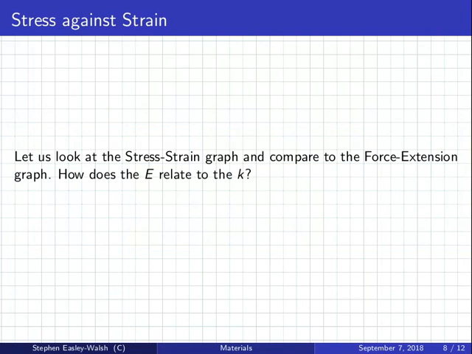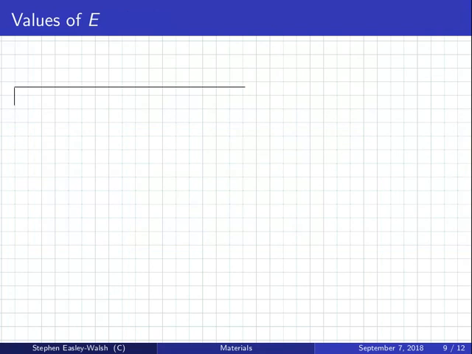Right. Okay, so I want to give you some values of E for different materials, and in the exam they'll give them to you if they need you to have it. So just remember, if the E is big, it means the K is big. And how would you describe a material with a big K? What would you say it is like if the K is big? Do you remember?